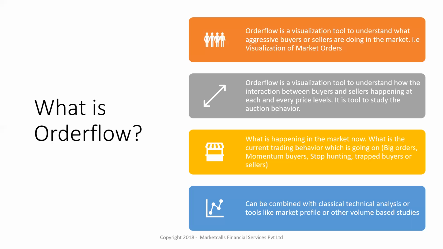If you want to know what is happening right now in the markets, whether in the next 10 minutes or next 15 minutes, what could be the behavior? Or if you want to know in the next 30 minutes or next 1 hour how the market can move and where I can take my tighter stop loss, order flow is the only tool that helps traders take advantage of such minute price actions.